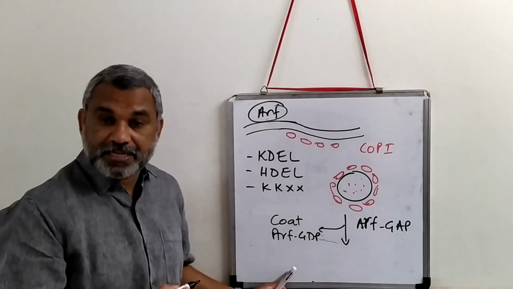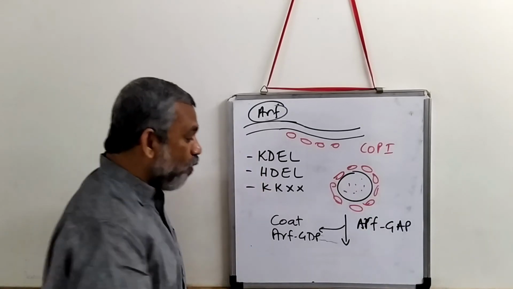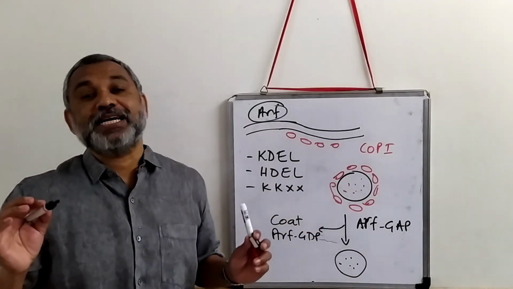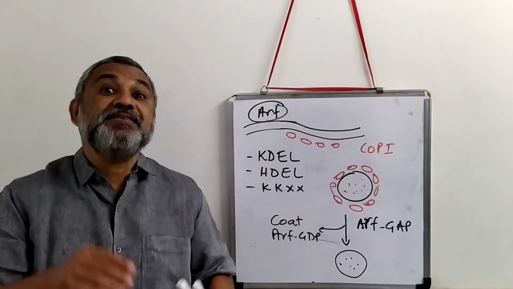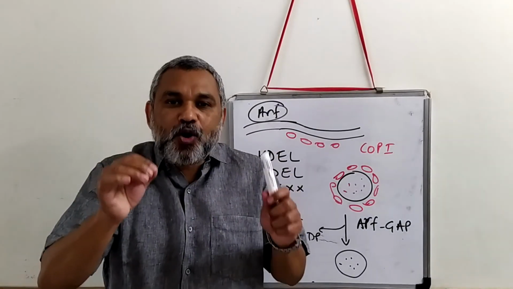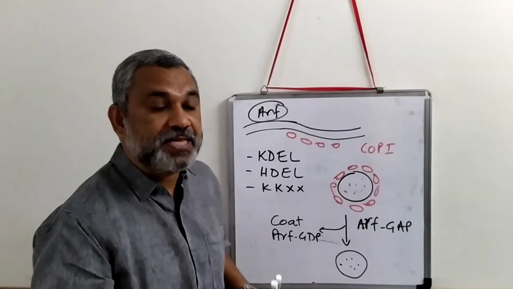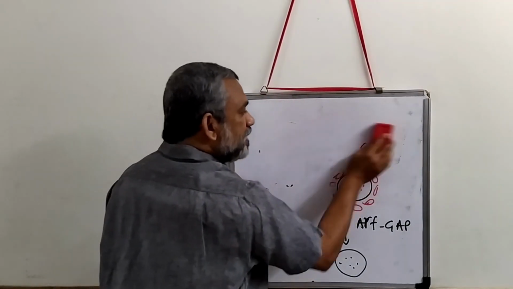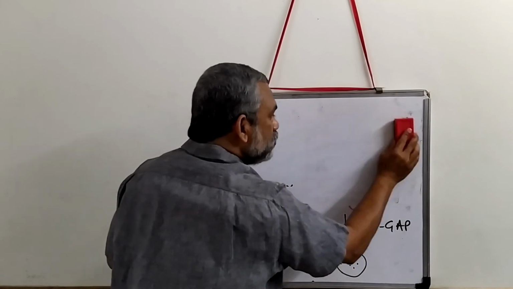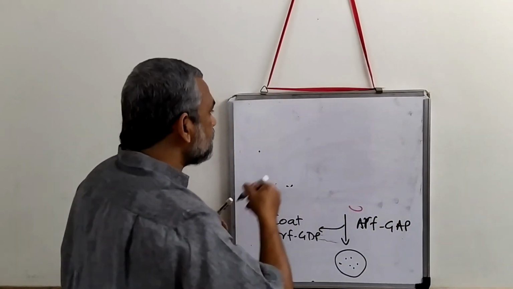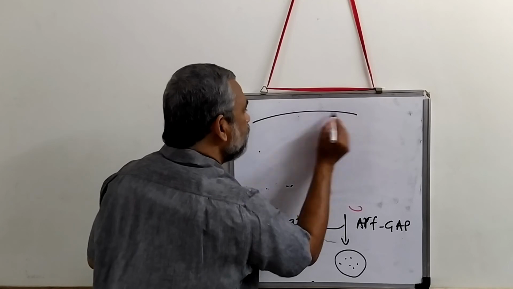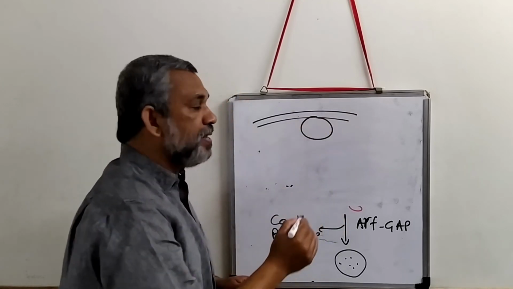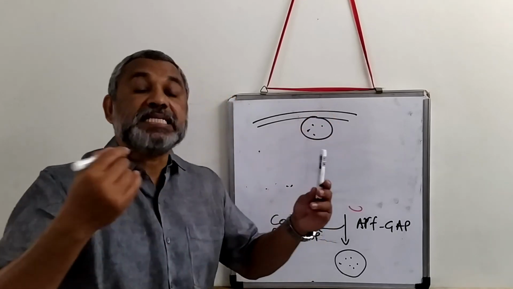That leaves only the vesicle with the cargo. Now this naked vesicle is capable of merging with the target membrane. It may be the endoplasmic reticulum, or it may be lysosomes, etc. So this vesicle merges with the membrane and releases the content.